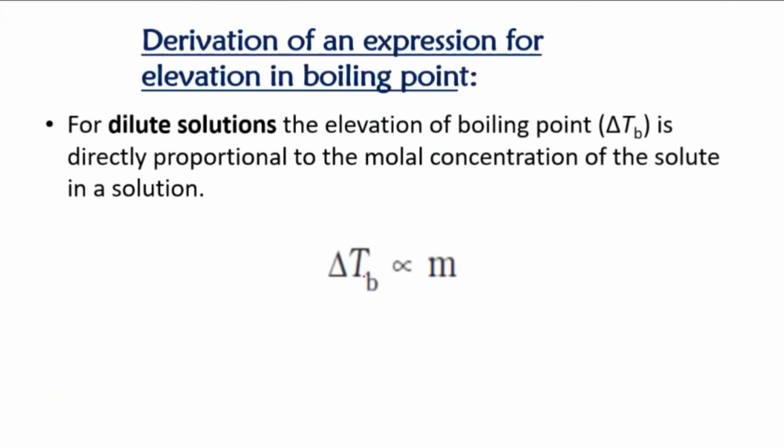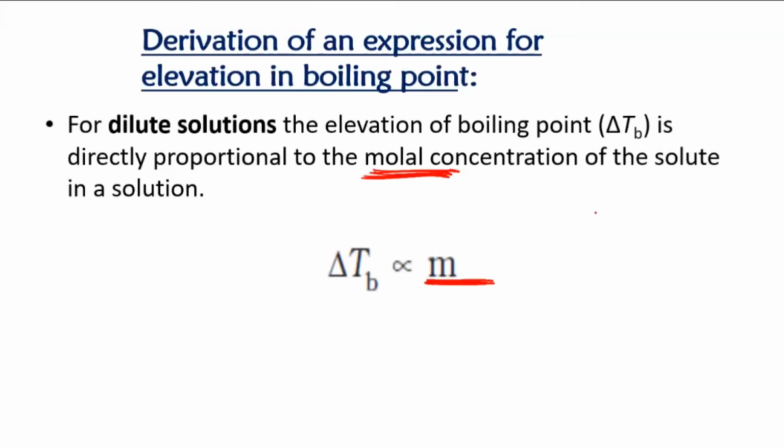So mathematically we will also represent that. Delta TB is directly proportional to molality. We are taking molality, not molarity, because molality doesn't change with temperature. Molarity is a volume concept, and when I mix two liquids, in ideal and non-ideal solutions you have seen that the volume doesn't remain the same; it either increases or decreases.